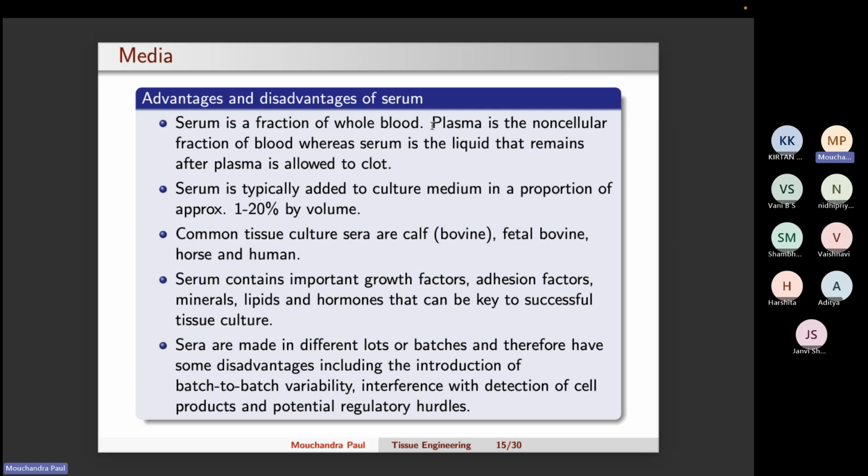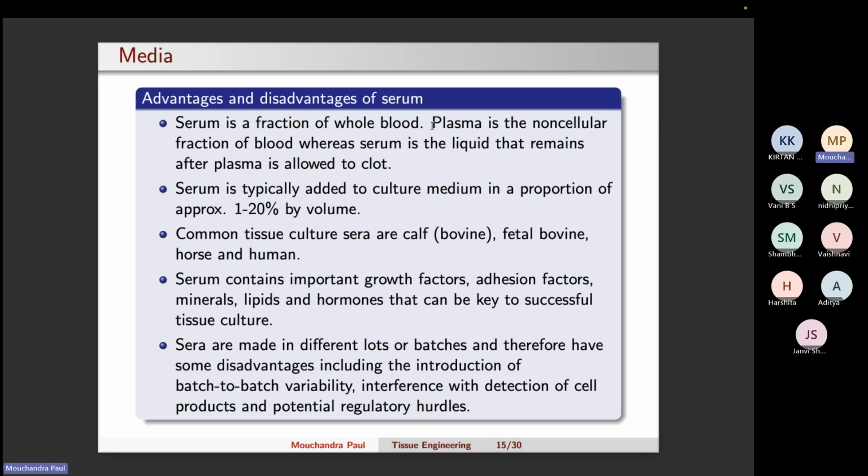And when you allow the plasma to coagulate, you are left with serum. Coagulation will happen because of the formation of fibrin clots, right? So you have to centrifuge basically. A series of centrifugation steps will give you pure serum.